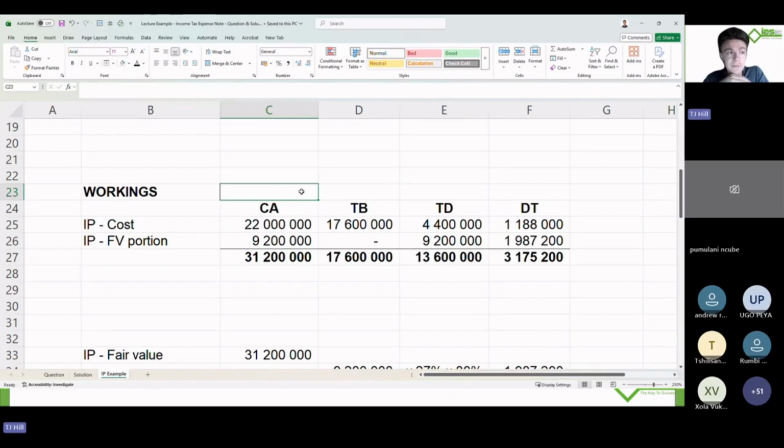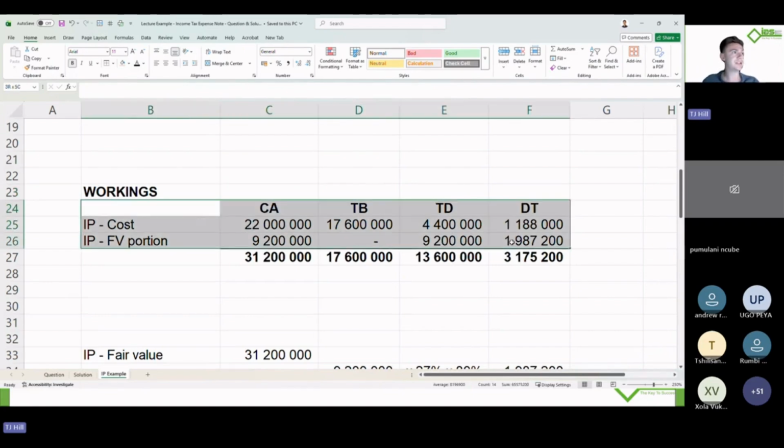That's the one thing. But to answer your question, when you are doing your deferred tax calculation, ask yourself, what do I have now in my SFP as of today, the end of the year?